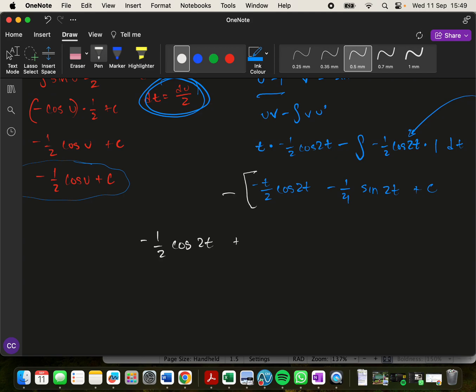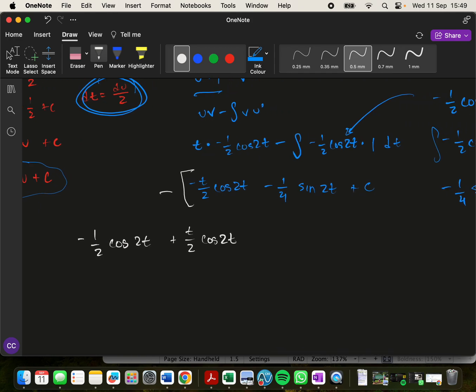So I get plus 1/4 sine 2t plus c, and so my overall antiderivative is that.